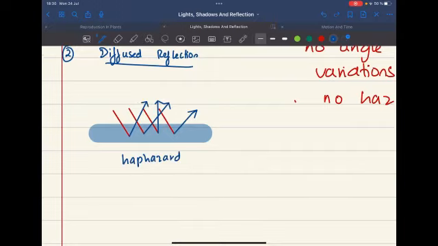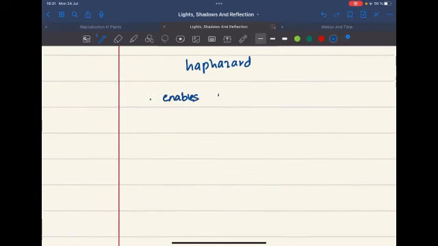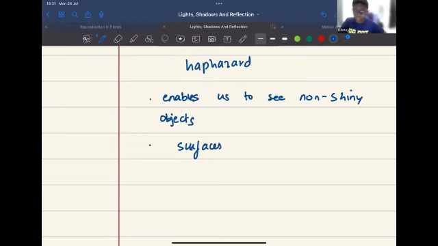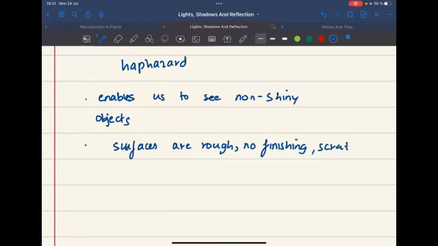So this diffuse type of reflection enables us to see what? Non-shiny objects. And when does diffuse reflection occur? It occurs when surfaces are rough, when there is no finishing, or there are scratches, or dust particles.